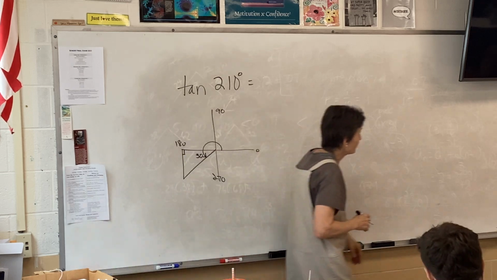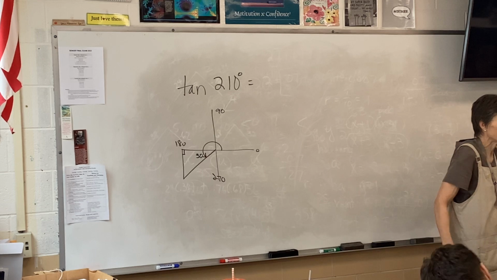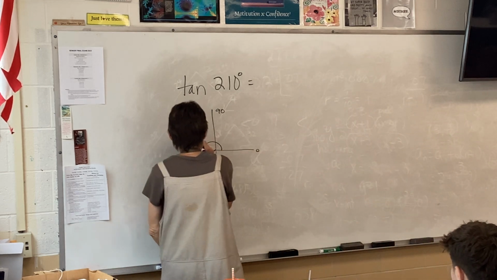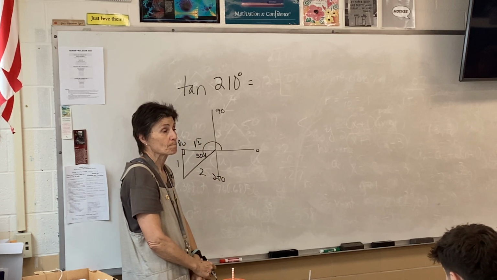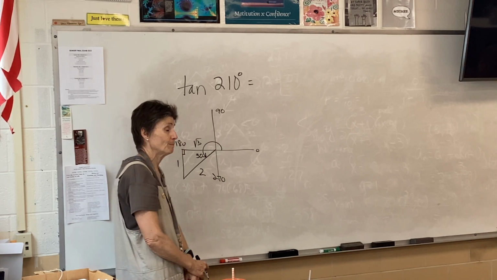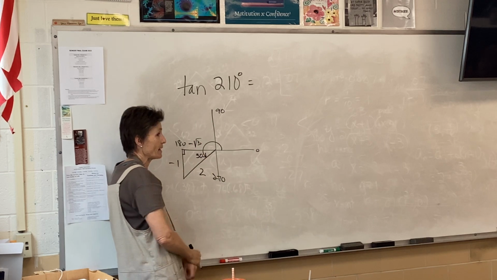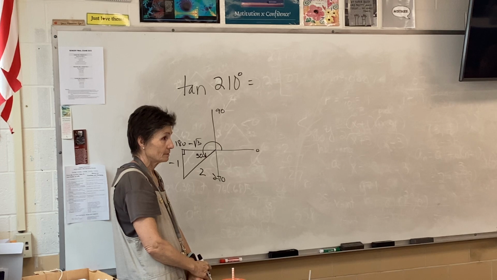Now, if you look up here on your sheet, there's a handy dandy little 30, 60, 90 sitting right there. So you're going to label the sides of the triangle. And the only thing you have to remember is some negatives. What's negative in that picture? The hypotenuse is never negative.